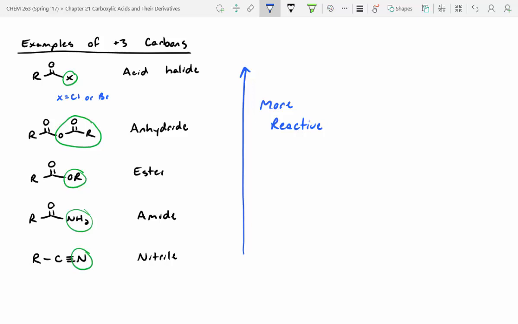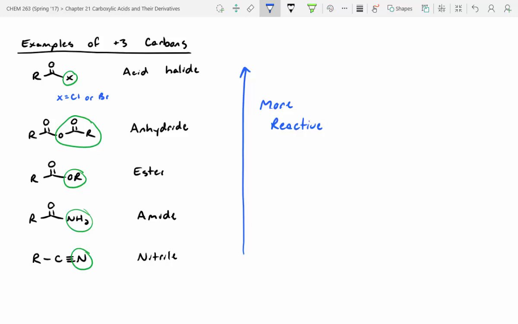Yeah, so if we look at the thing circled in green, if you imagine it falling off with a negative charge, halides are really stable with a negative charge. The anhydride, you'd have something like an acetate as a leaving group. Yeah, that's got resonance stabilization. That's pretty good. Esters, a little less so. They don't have that resonance. Amides, pretty crummy leaving groups, and then nitrile is definitely a crummy leaving group.